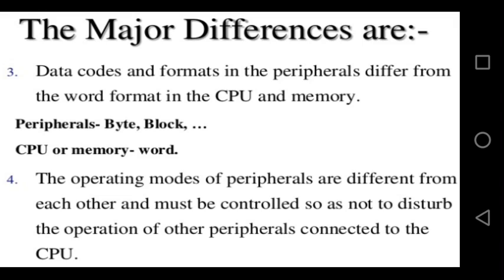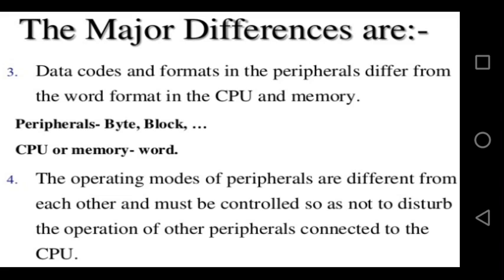Peripherals send a byte or some block, meaning a group of bytes, but CPU or main memory expects a memory word, maybe a 32-bit memory word or an 8-bit memory word. The peripherals will send byte-wise: 1 byte, 2 byte, 3 byte.